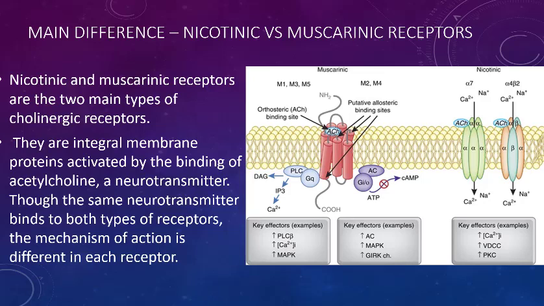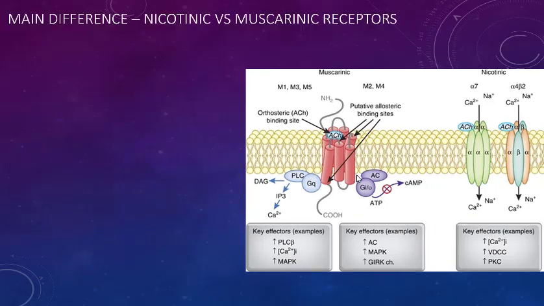Though the same neurotransmitter binds to both types of receptor, the mechanism of action is different in each receptor. Here the muscarinic receptor is activated by acetylcholine and nicotinic is also activated by it, but the activation mechanism is different.